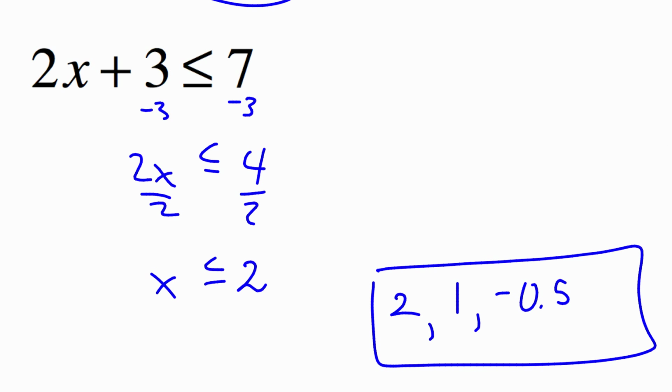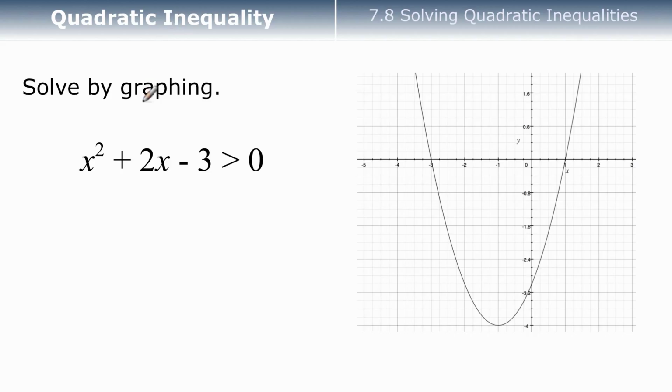Now when we talk about quadratic inequalities, it's a similar kind of thing. So what I'm looking for in this question here is I'm looking to find all the values of x that make this statement true. So what are the x's I can put in there that will make this thing greater than 0? There's probably going to be quite a number of them.